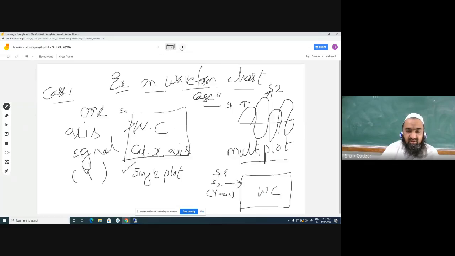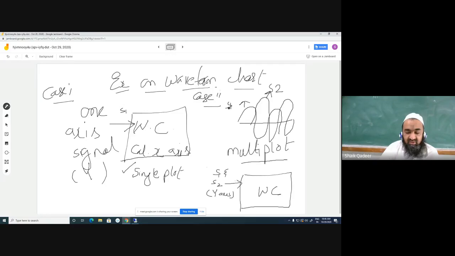Then in next screen, I have continued the explanation of waveform chart, which I left some part of in last class. So here I have taken the two cases of waveform chart examples. First case is single signal, single axis signal. If applied to waveform chart, it is called a single plot.